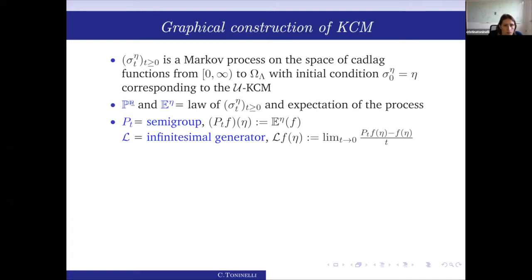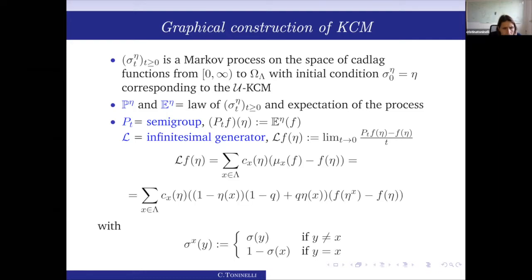I call P eta and E eta the law and the expectation of this process started from eta, and I call P_t the corresponding semigroup of the Markov process and L the corresponding infinitesimal generator.